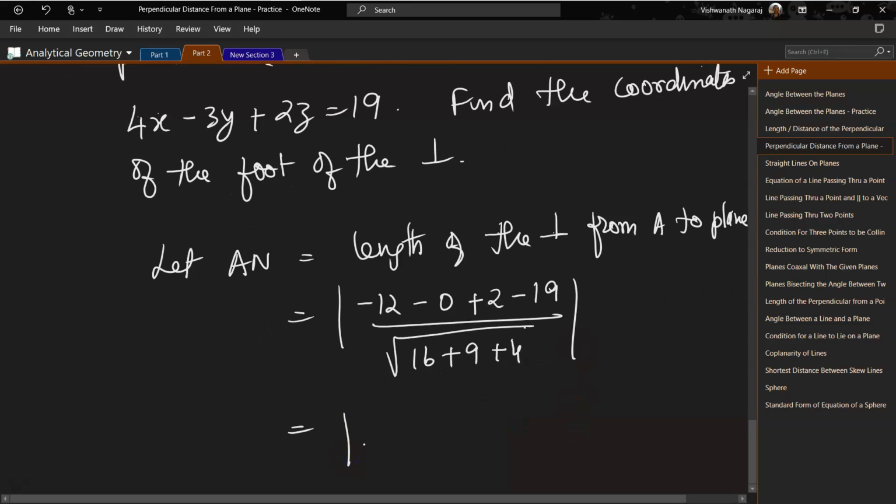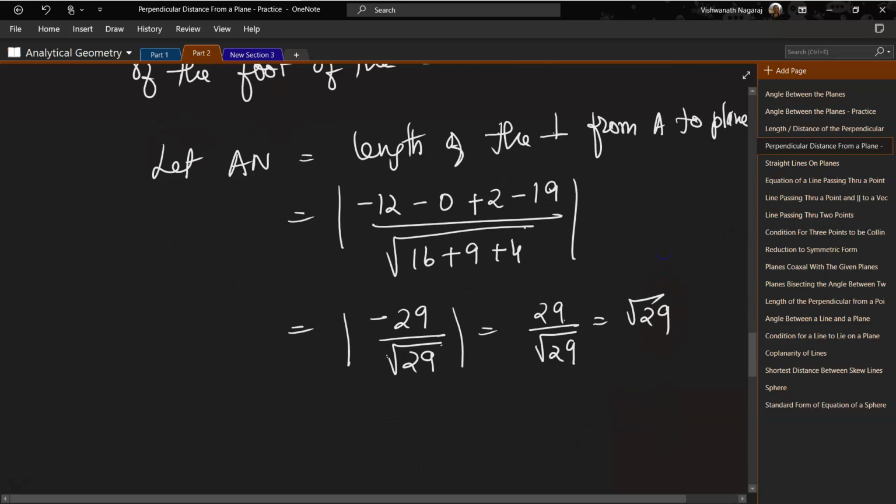So this becomes 12 plus 2 is 14 minus 19, and so on by square root of 29. This is again 29. First of all, we can get rid of the minus sign because of the absolute value. So that gives us 29 divided by square root of 29. If we rationalize it, we get square root of 29 units. So this is the perpendicular distance.